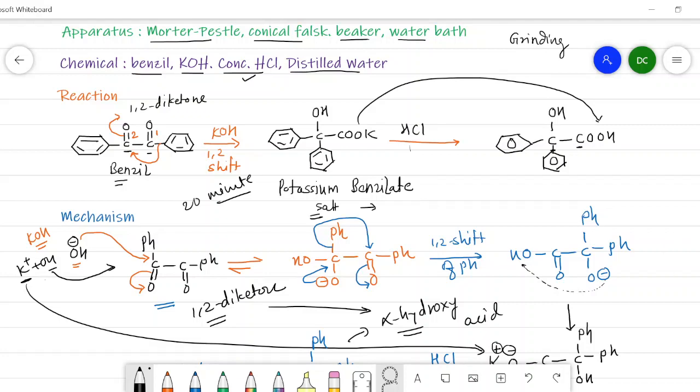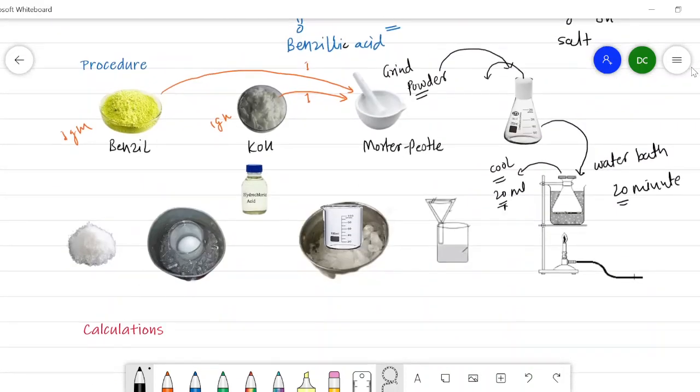Therefore, when we add 20 ml water to this flask, the salt which is formed in the first step dissolves in the water, and the unreacted benzil remains insoluble in the water. We filter the content of the conical flask, and after filtration the unreacted benzil is removed and we get a clear filtrate.